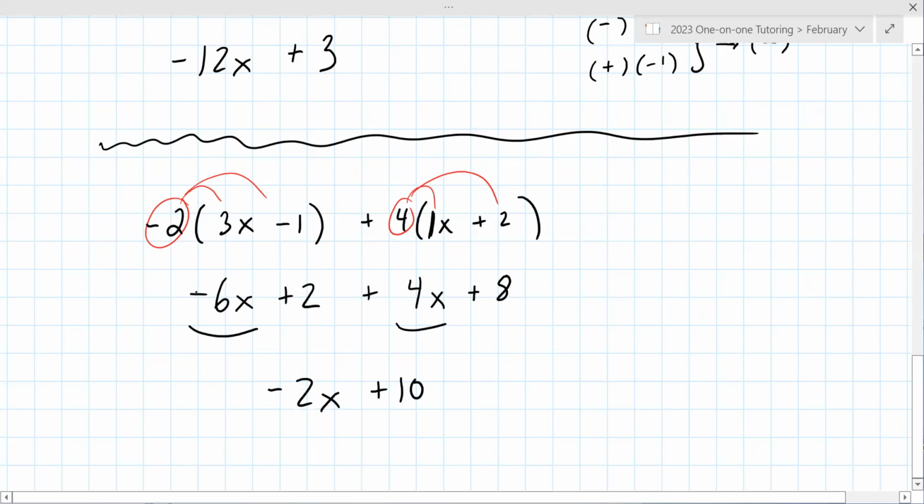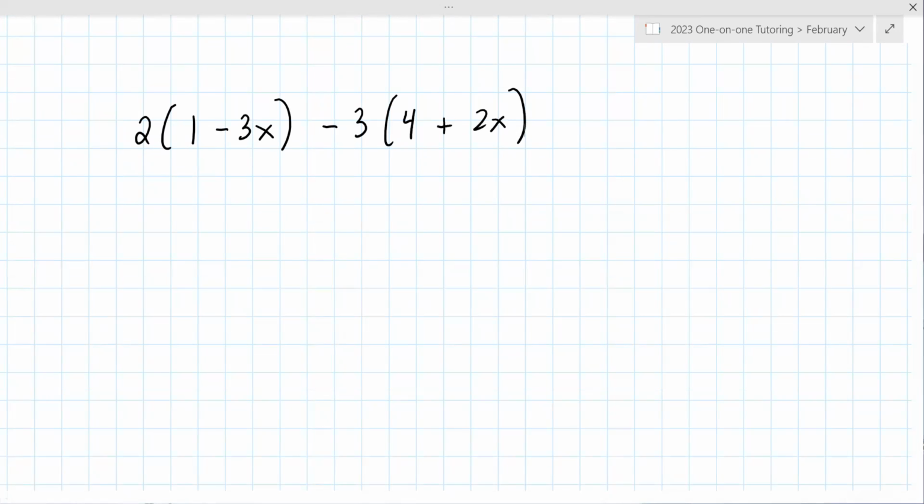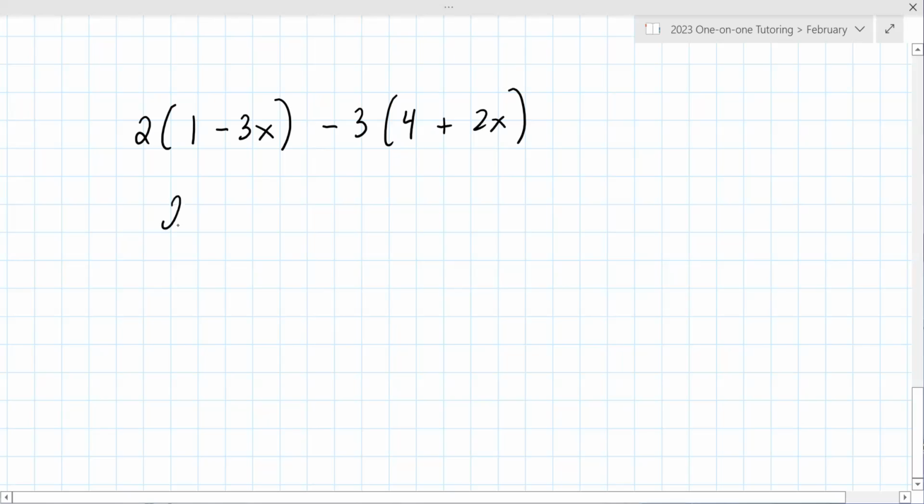Let's try another one here. Okay, give this one a try, please. And then +2. And -6x.